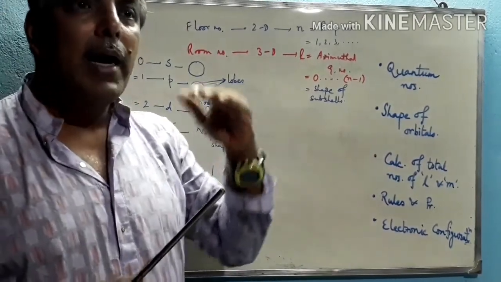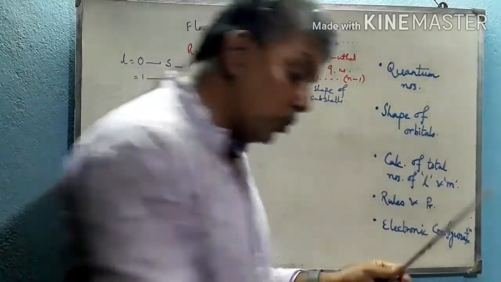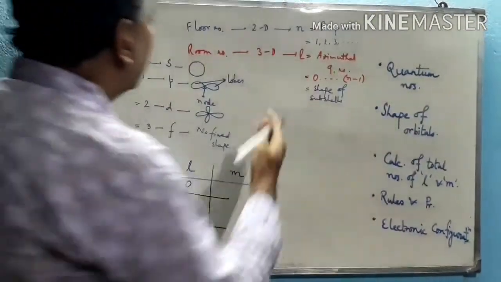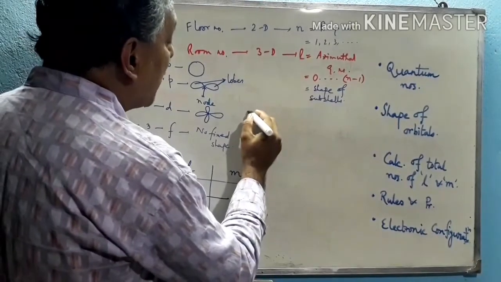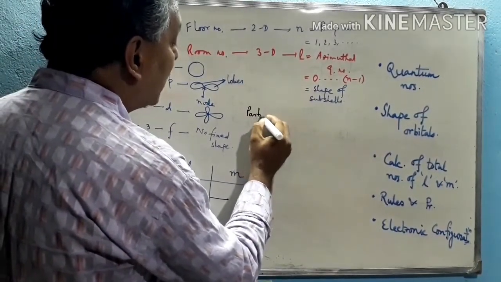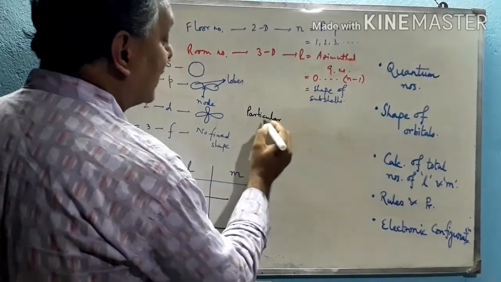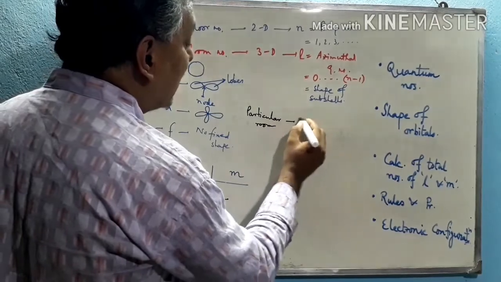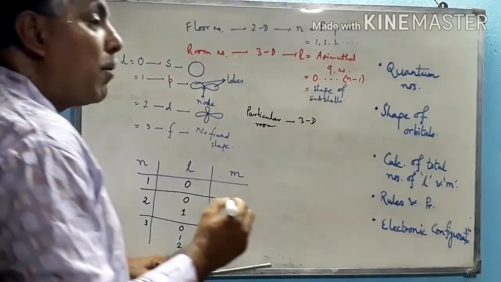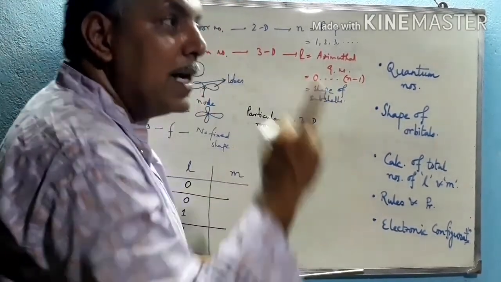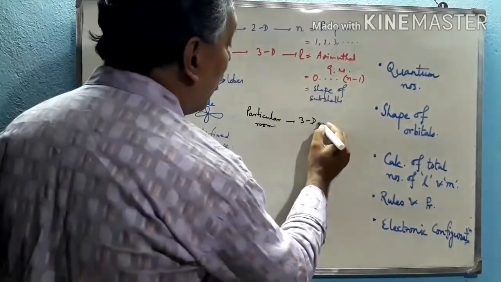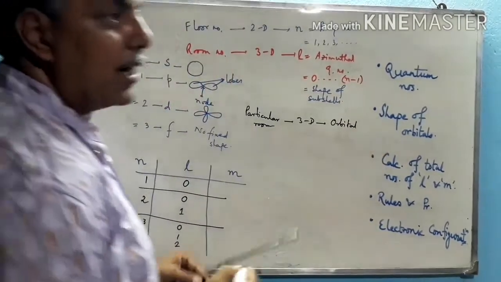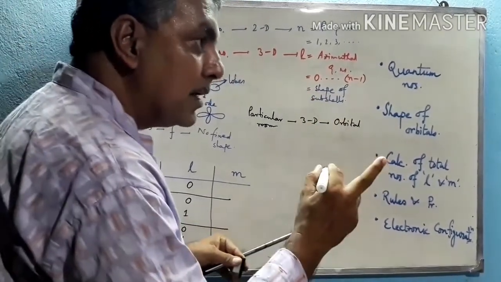So you have to enter that particular space, the particular room inside the flat. That is also a three-dimensional concept, a three-dimensional space where the probability of finding that person is maximum, and that is called the orbital probability.